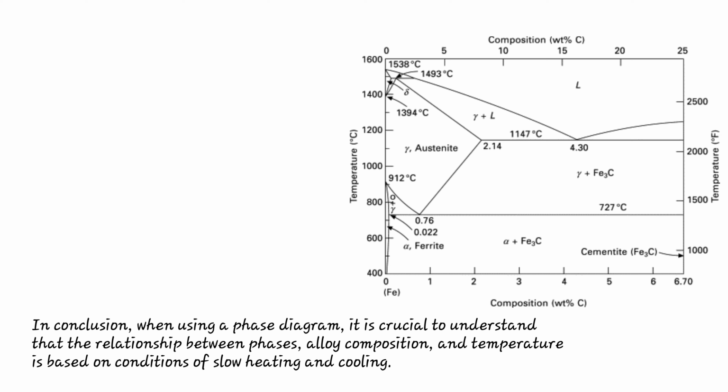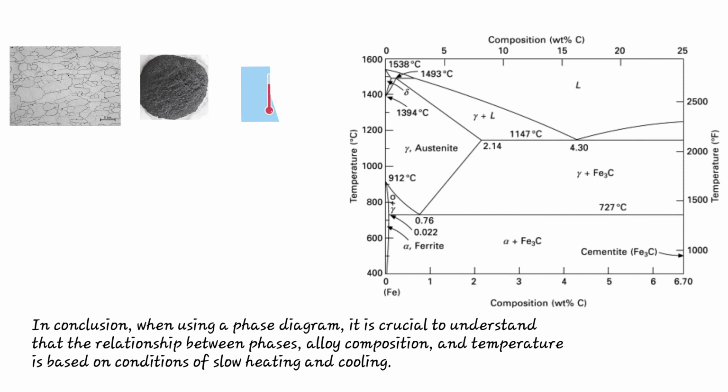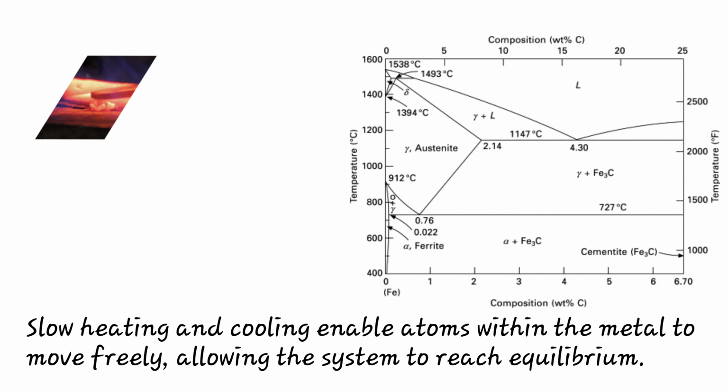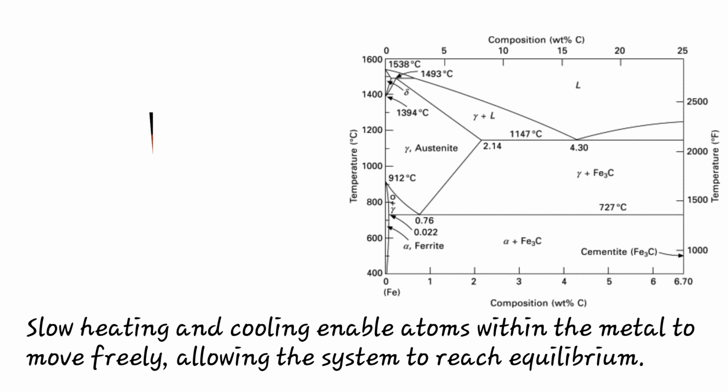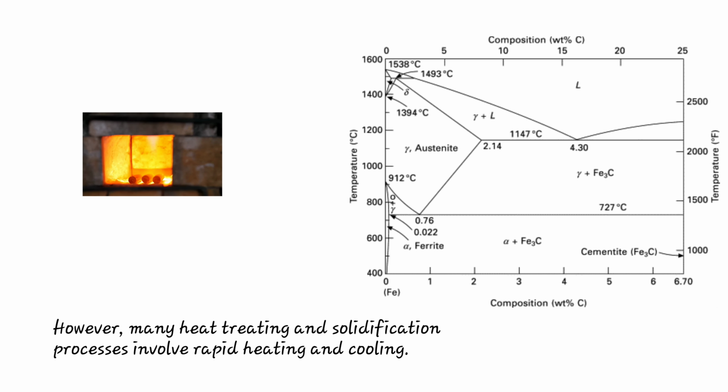In conclusion, when using a phase diagram, it is crucial to understand that the relationship between phases, alloy composition, and temperature is based on conditions of slow heating and cooling. Slow heating and cooling enable atoms within the metal to move freely, allowing the system to reach equilibrium. However, many heat treating and solidification processes involve rapid heating and cooling.